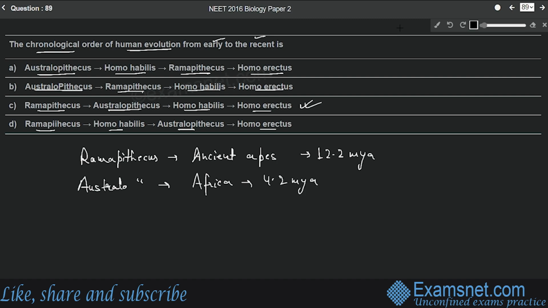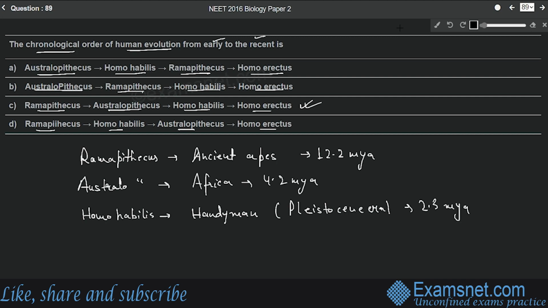Then the next one is Homo habilis. These were known as handy man. Okay, handy man. These were found in the Pleistocene era, and around 2.3 million years ago.